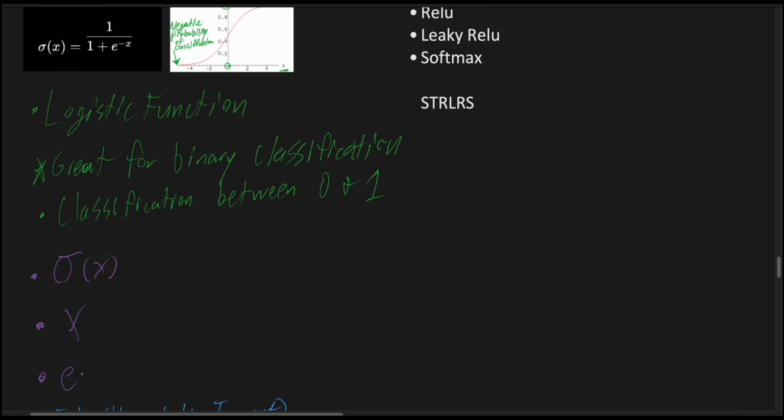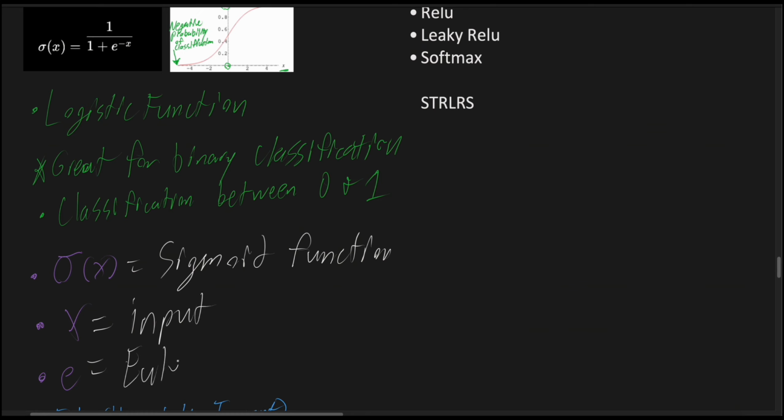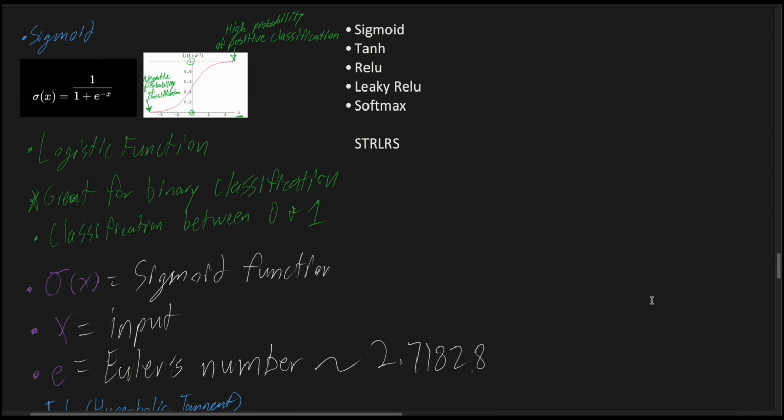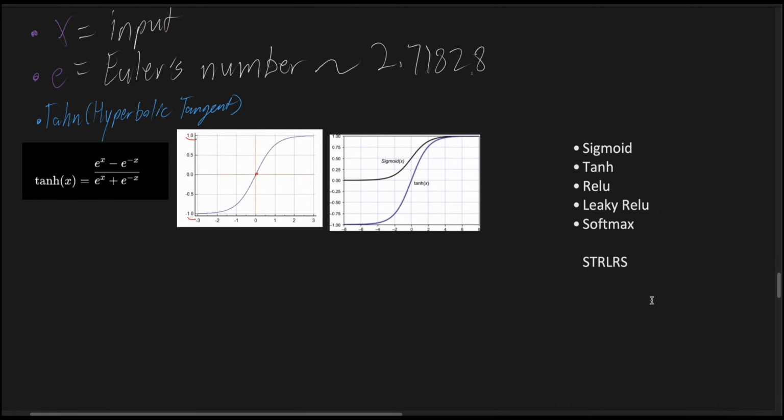Then we have Euler's number as well, E, which is roughly 2.71828. Let me just zoom out of here. There we go. Feel free to take a screenshot of this part, and we'll be focusing on the hyperbolic tangent function.